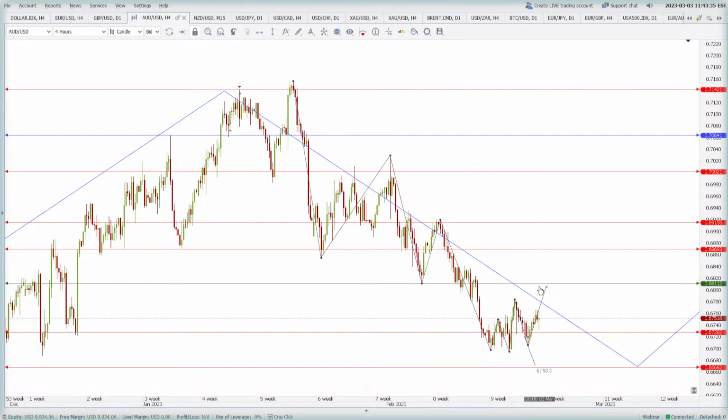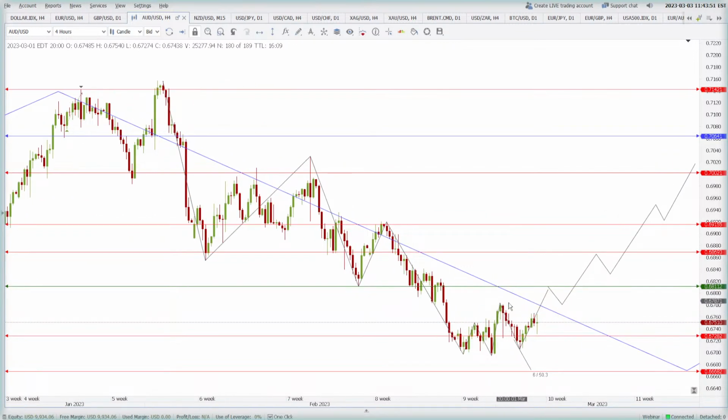Once that higher high is confirmed, this will start moving like this. So it will start making higher highs and higher lows, and that is what we are expecting here. As soon as that happens, we want to enter the market.